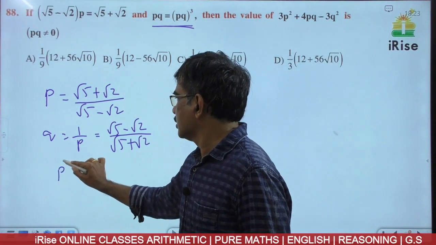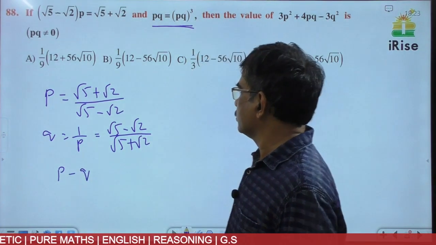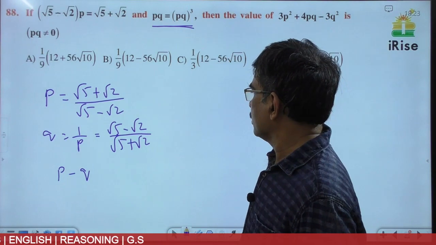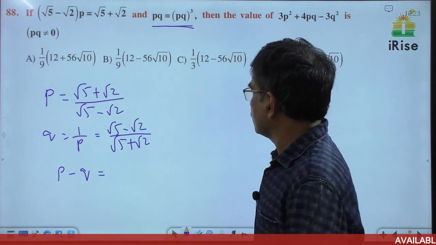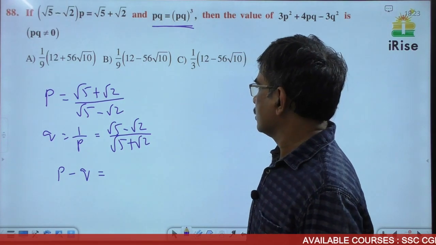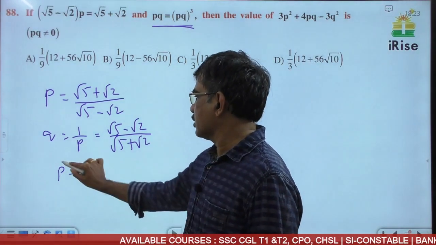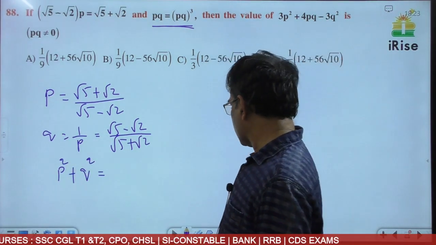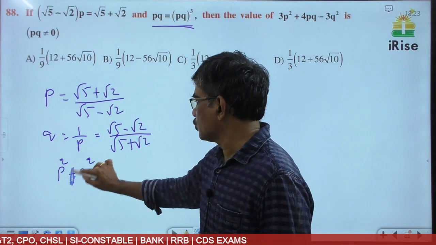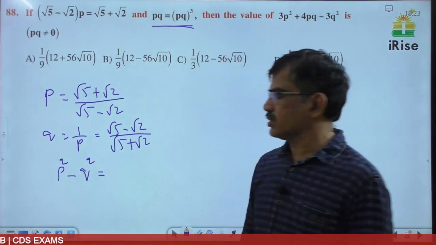Then what is p minus q? Okay, so here p minus q can be written as, I want to write first p square minus q square.